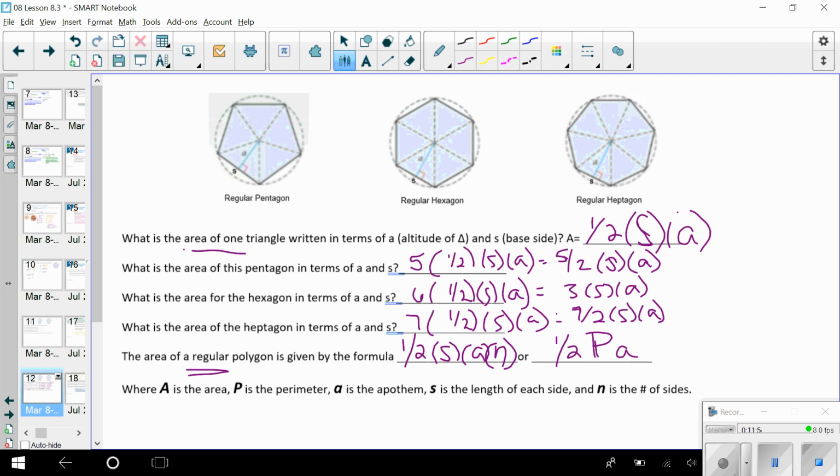It goes from the center of the circumscribed circle to the side, perpendicular to one of the sides of the polygon, times the number of sides it has, or 1/2 times the perimeter times the apothem, because the perimeter is equal to the length of one of the sides times the number of sides in the polygon.